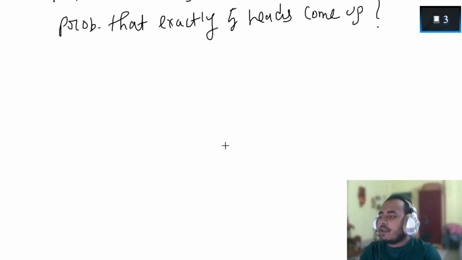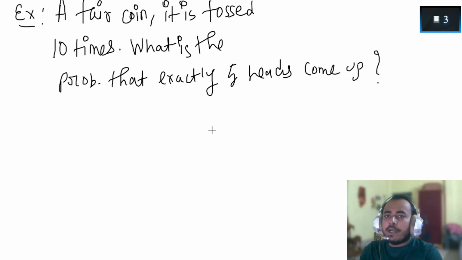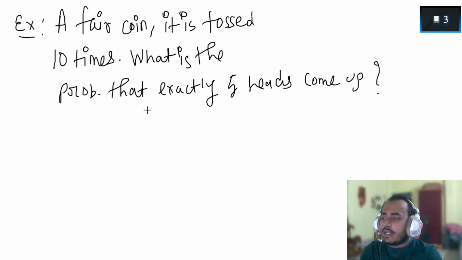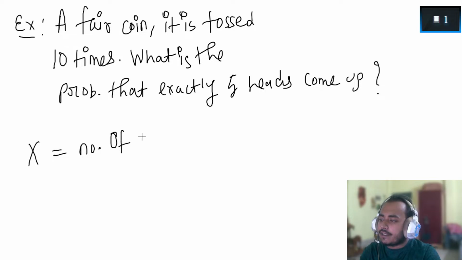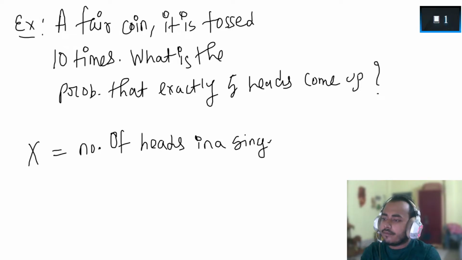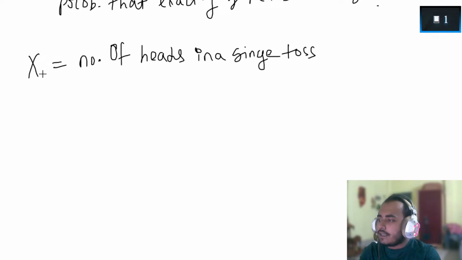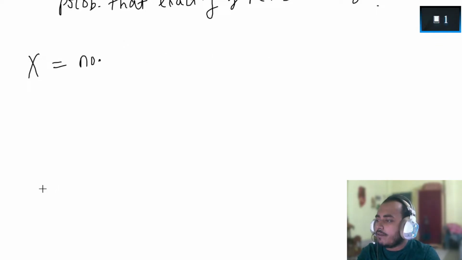Now you have to understand, for a probability problem to be binomially distributed, there are some conditions that it needs to meet. So first of all, we are going to define the random variable x as the number of heads.